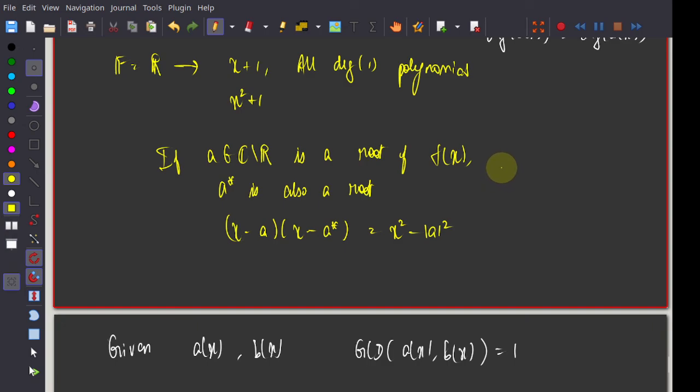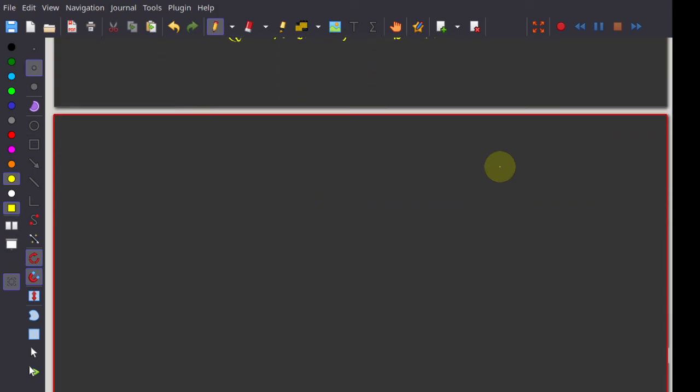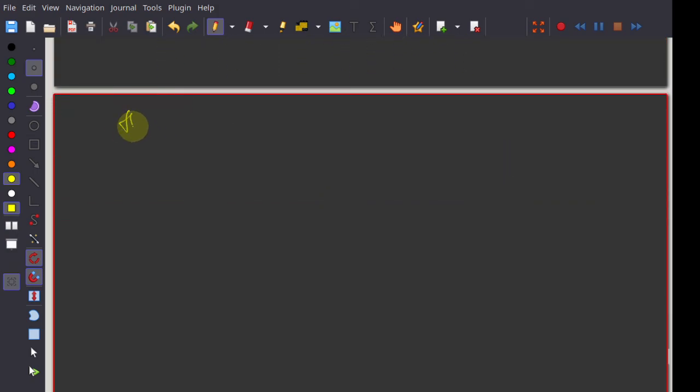So what is one way of writing any f of x? Yeah, it's a product of. So you can write it as x square minus mod a1 square times x square minus mod a2 square, and so on.